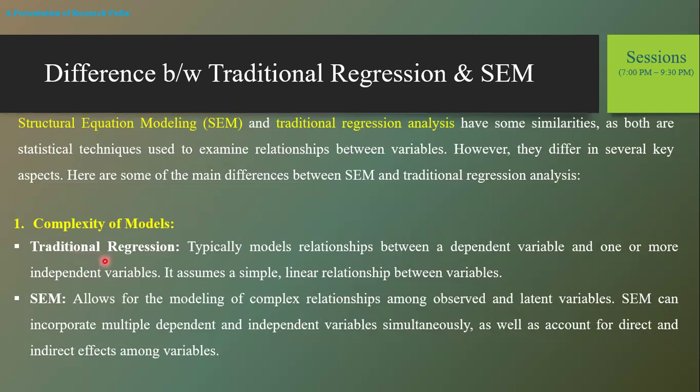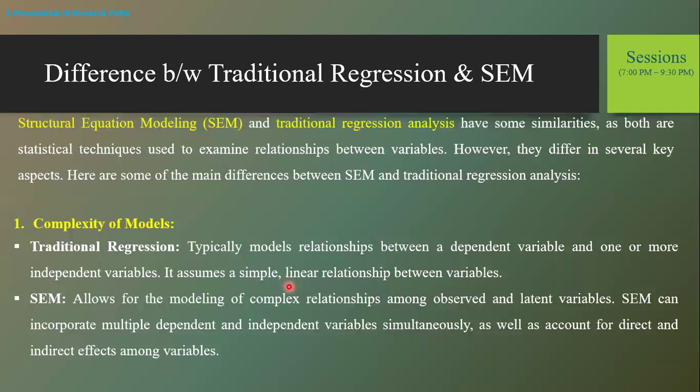In the case of traditional regression, it typically models the relationship between a dependent variable and one or more independent variables. So when we have dependent and independent variables and we need to analyze the relationship between them, we simply assume that traditional regression analysis is more suitable for us.